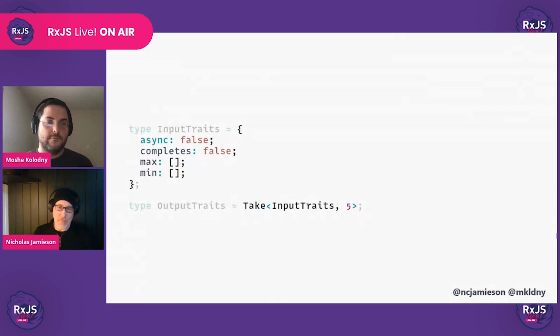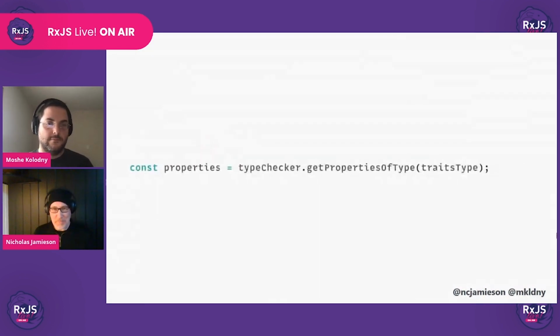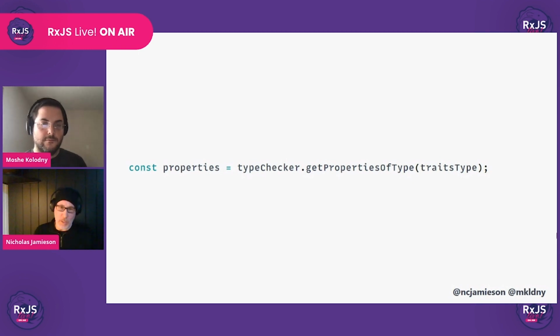Well, fortunately, the type checker has a getPropertiesOfType function. So we can pass in our traits type and it will resolve it. You can think of it as squashing it. It works out all the conditional types and gives us the actual resolved async, completes, min, and max.